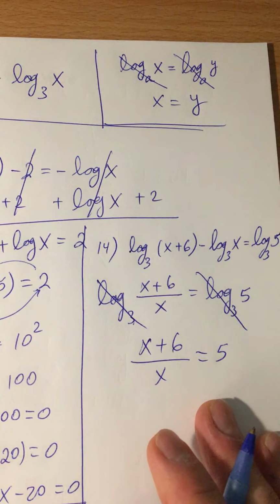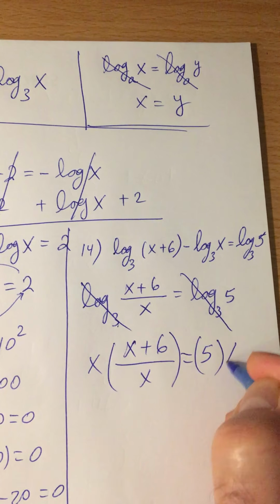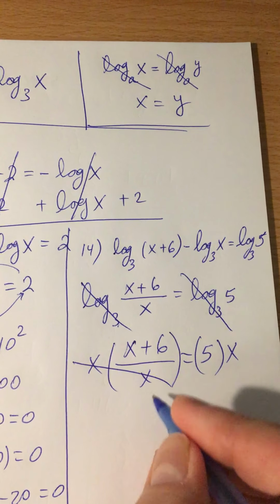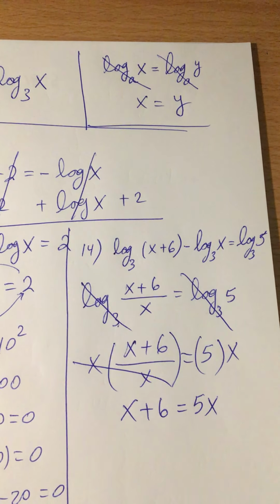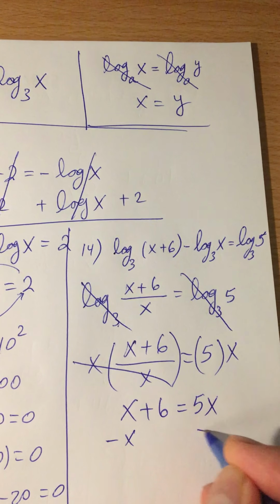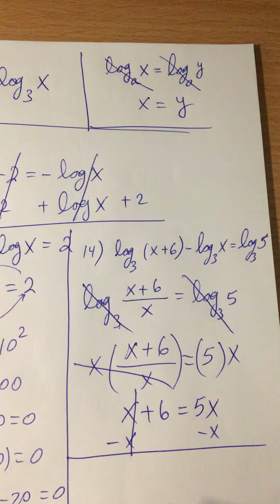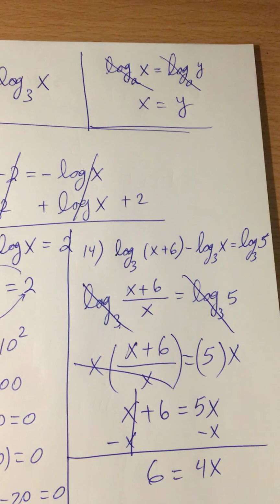Now how do I solve for x? Well, can I multiply both sides by x? Yes, I can. The x's go away. x plus 6 equals 5x. Can I subtract x from both sides? Yes. So I get 6 equals 4x.